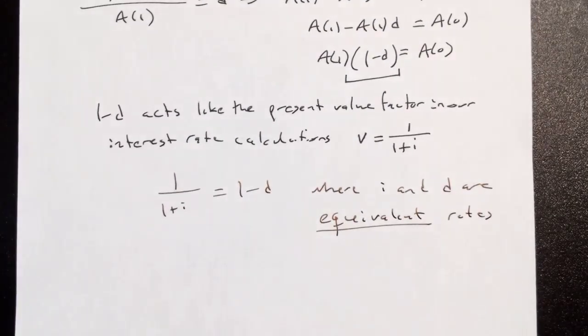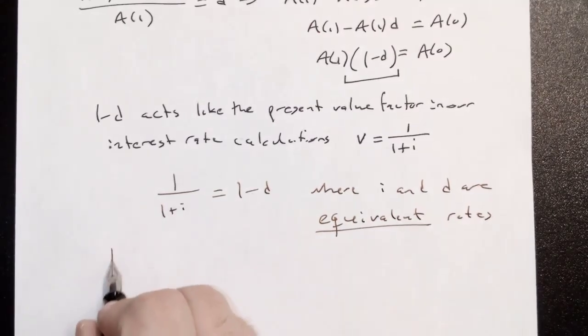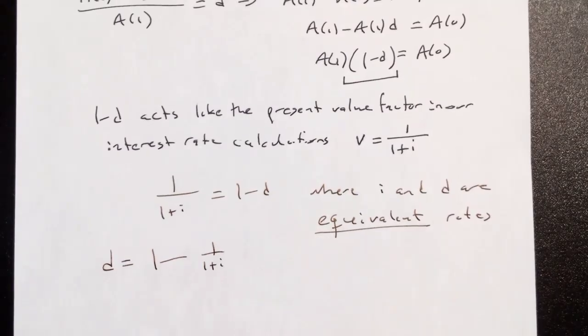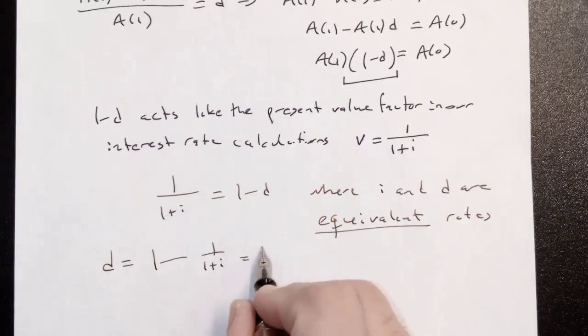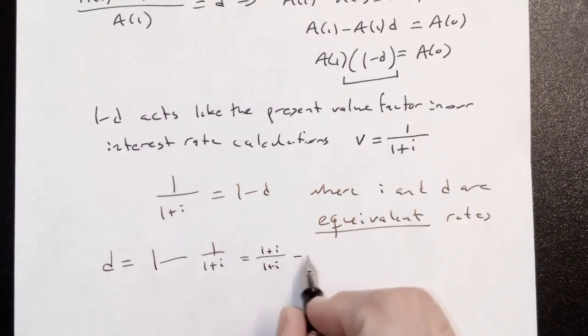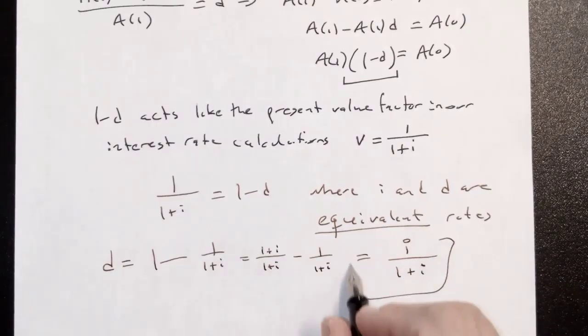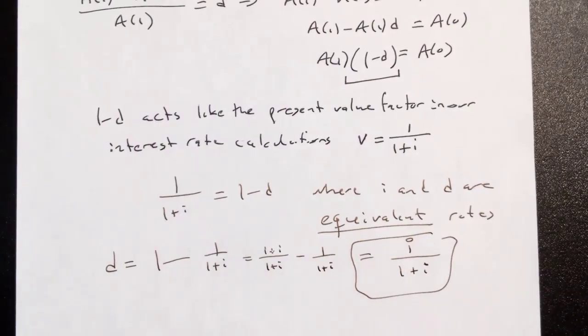D is 1 minus 1 over 1 plus I. Now let's simplify that. Common denominator will give me 1 plus I over 1 plus I minus 1 over 1 plus I. The ones will cancel. I over 1 plus I. If I know the interest rate, I can give you the discount rate.